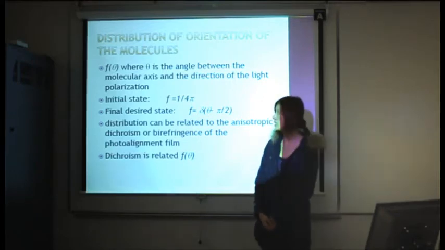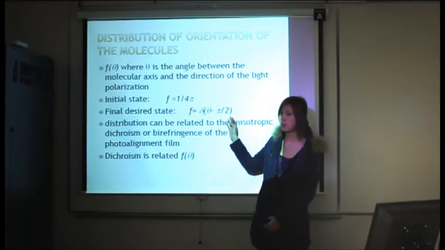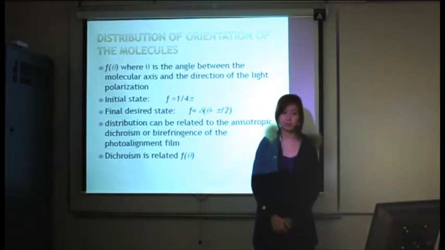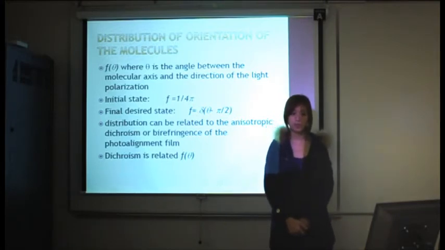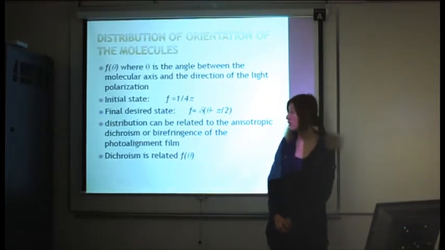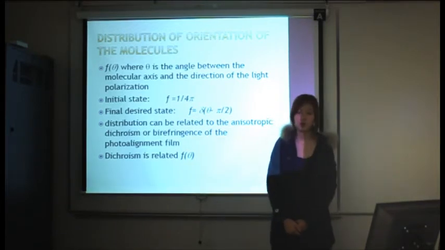At the initial state, F will equal 1/4 pi, and the final desired state will become like this. The distribution can be related to the anisotropic dichroism, or to the reflections of the photo alignment film. Dichroism is related to S theta and also the order parameter.